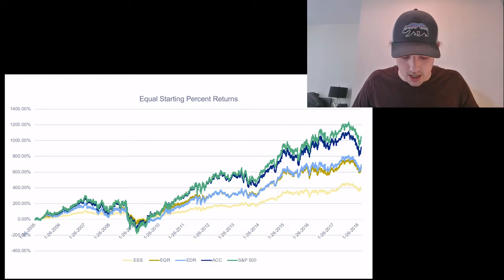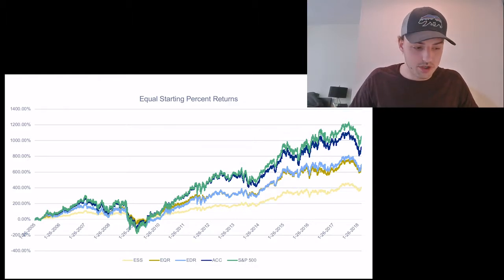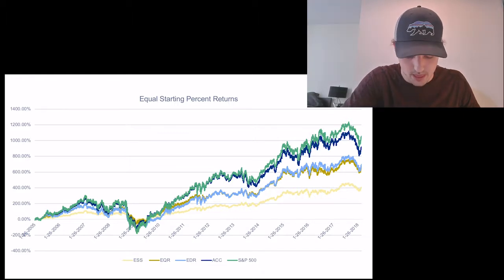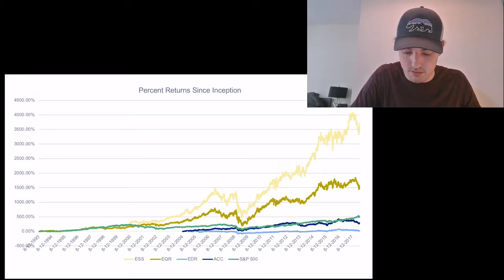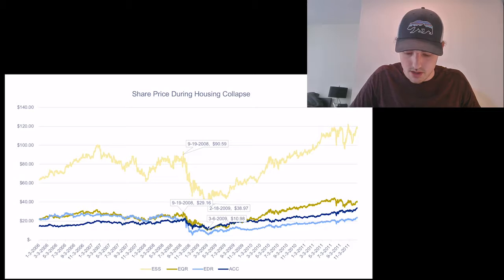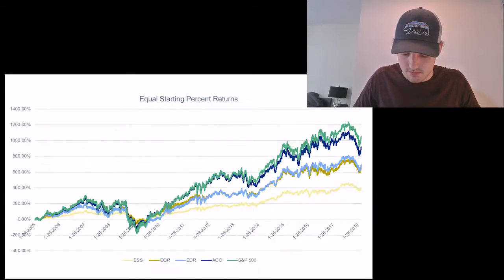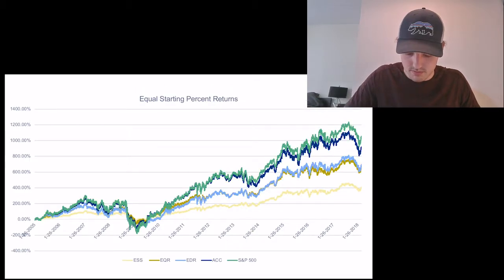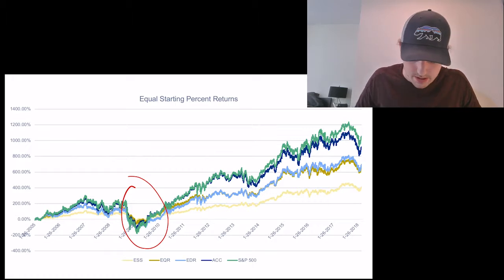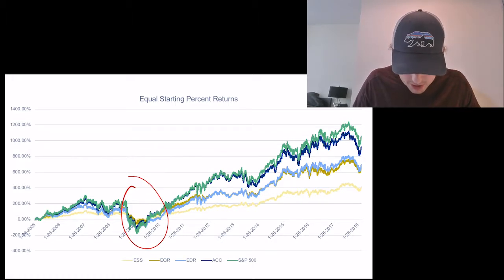What we're able to see generally and quickly here is that all of the REITs significantly dipped. They're stacked on top of each other right here during the crash, but we'll look into it more.